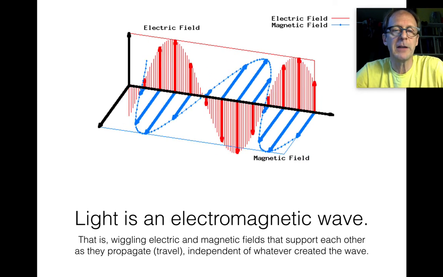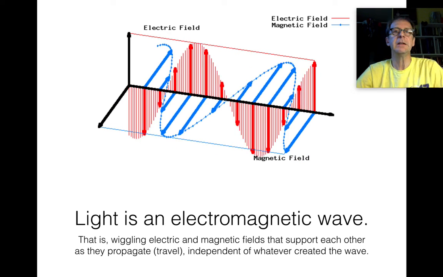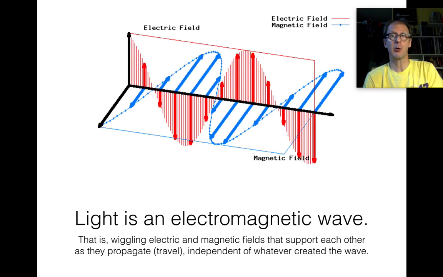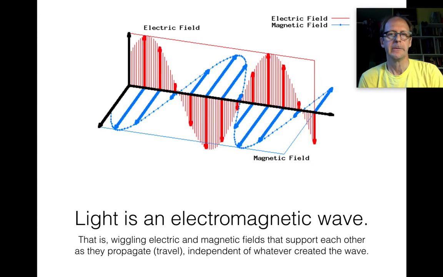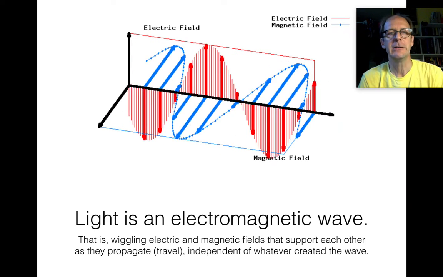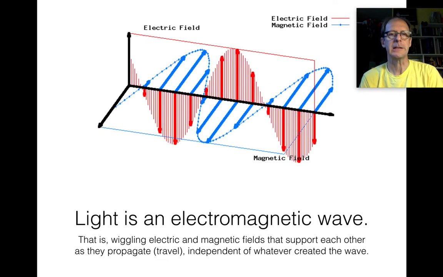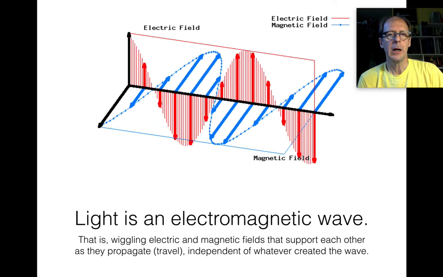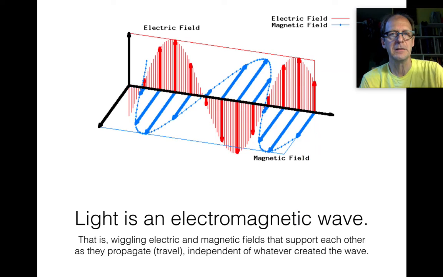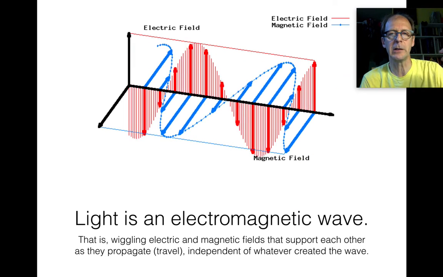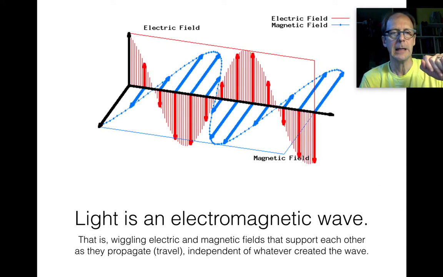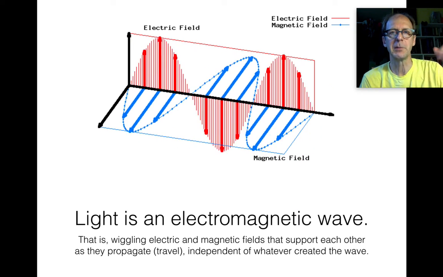Why did I digress into that? Because light is an electromagnetic wave. So if you ever hear the phrase electromagnetic radiation, some people hear the word radiation, they freak out. Electromagnetic radiation, that phrase is just another word for light. And so what light is, being an electromagnetic wave, is it's a combination of both electric fields and magnetic fields together that are wiggling and supporting each other.